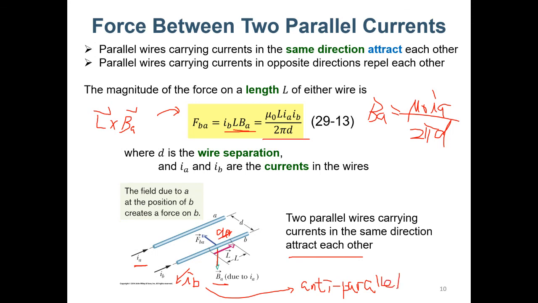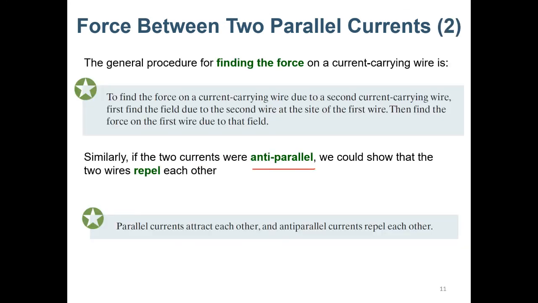IA and IB point in opposite directions, then they will repel each other. So parallel currents attract each other and anti-parallel currents repel each other. So this is the conclusion for this case. Any questions?